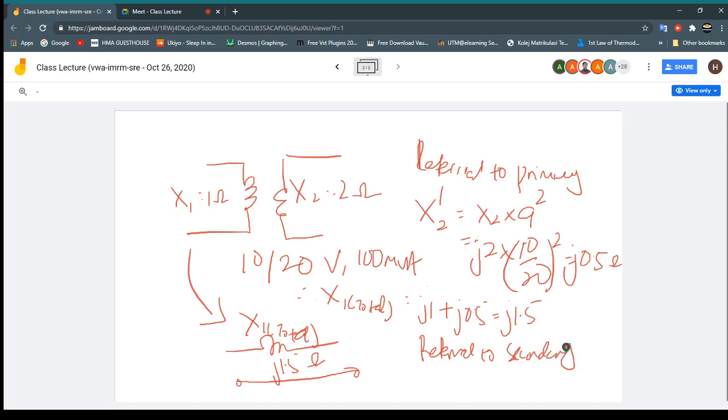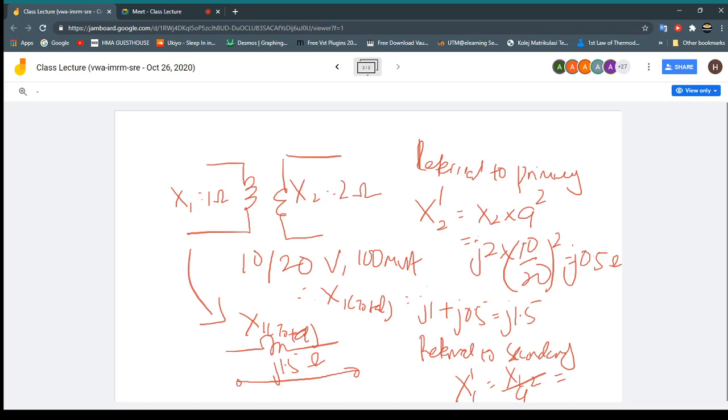So what is the reactance referred to the secondary side of the transformer, X1 prime, equal to X1 divided by A squared, right? Remember, we divide by the square of the turns ratio.